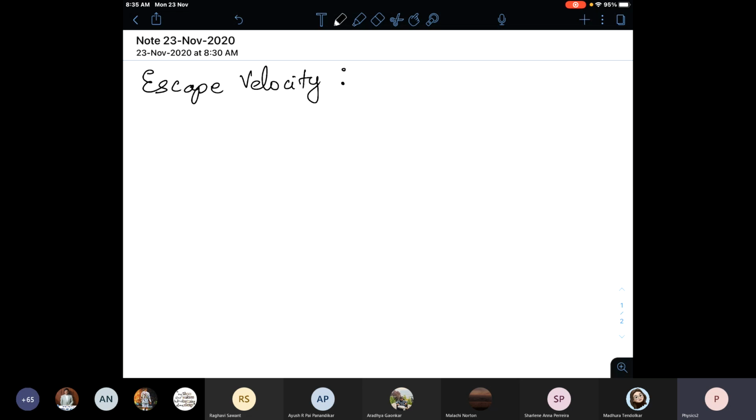That velocity is called the escape velocity, denoted by VE. It is written as V subscript E. So what is VE?